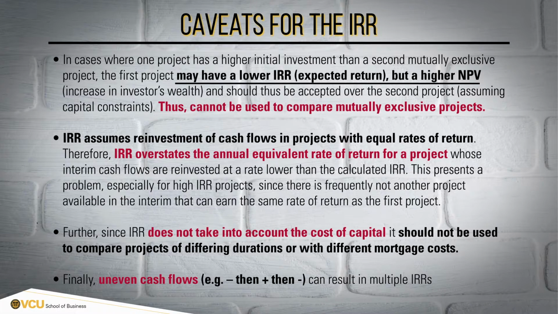The next one, it says IRR overstates the annual equivalent rate of return for a project. And here's the reason why. The main reason why is this. If you're a real estate investor, of course you're in a relatively illiquid world. And by virtue of that illiquidity, you're going to have to focus and invest your resources in what you feel to be the best project possible, the project with the highest return.